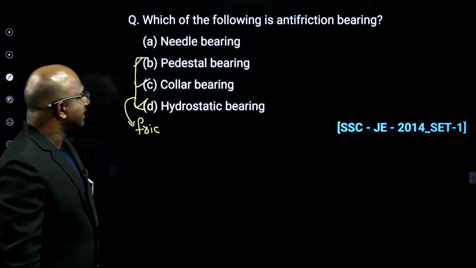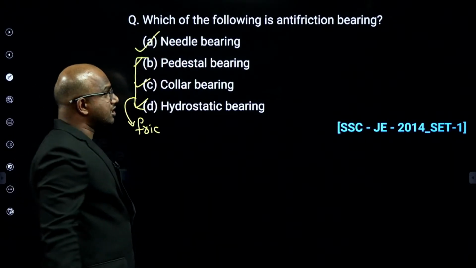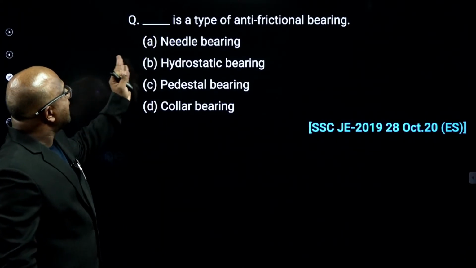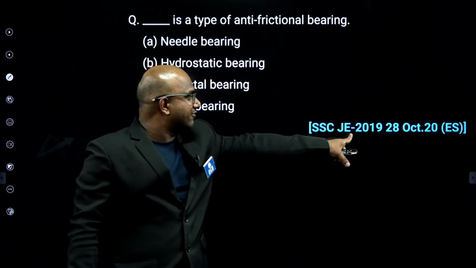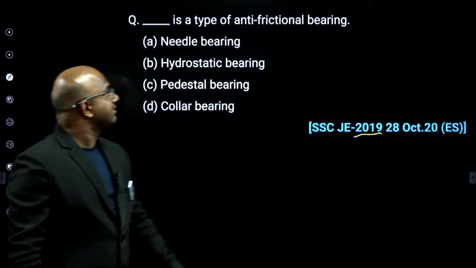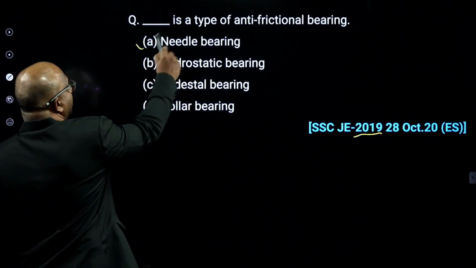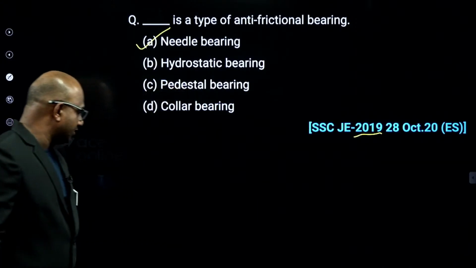The type of roller bearing itself, needle bearing is the anti-frictional bearing. They have given a question on this 3 to 4 times, guys. Okay, next. You can see, guys, in 14, in 19 also they gave the same question: dash is a type of anti-frictional bearing. Without second thought, needle bearing, guys. The questions are given multiple times.